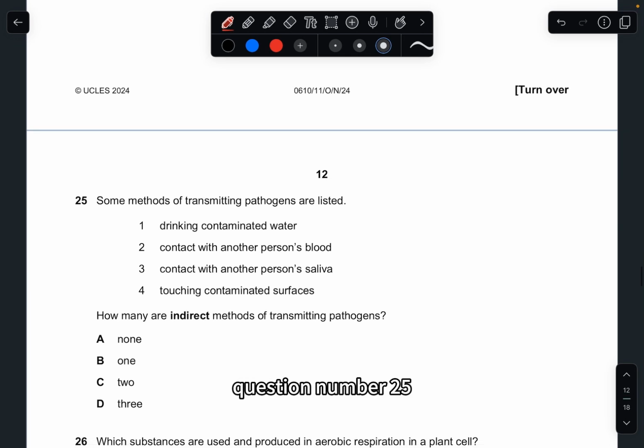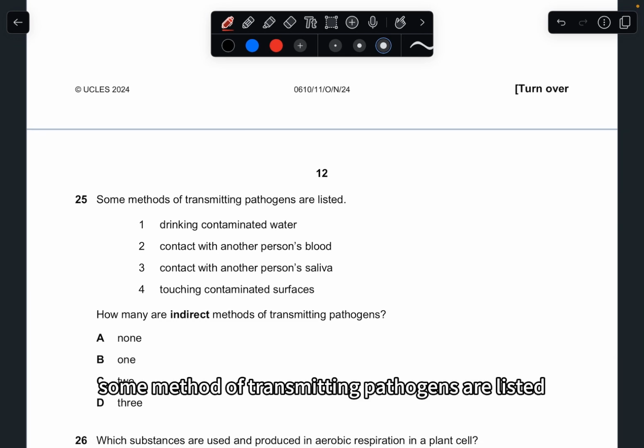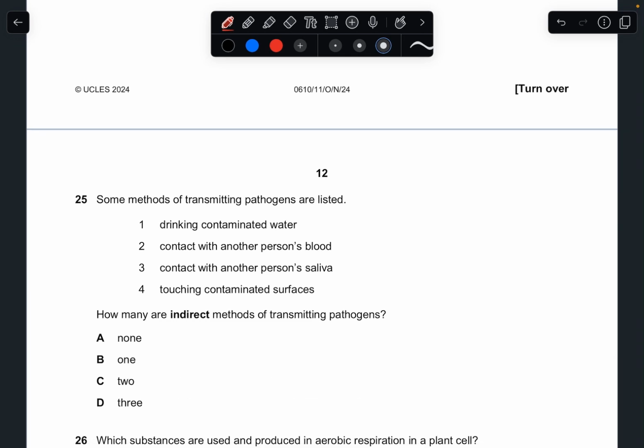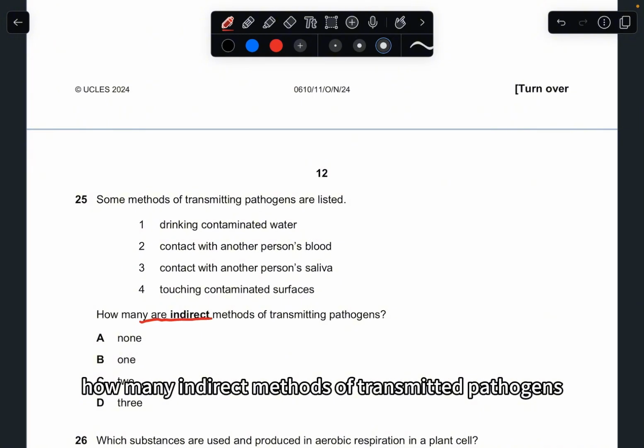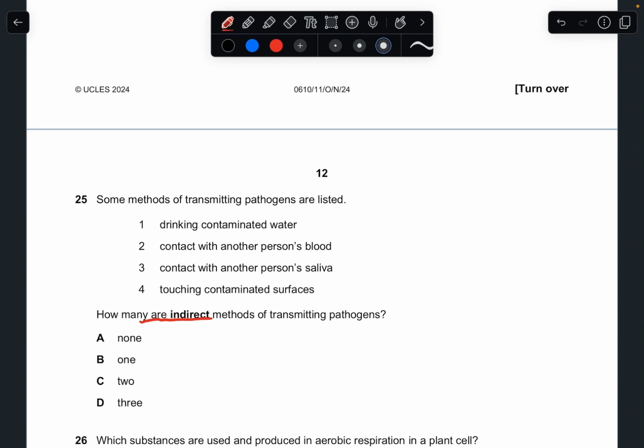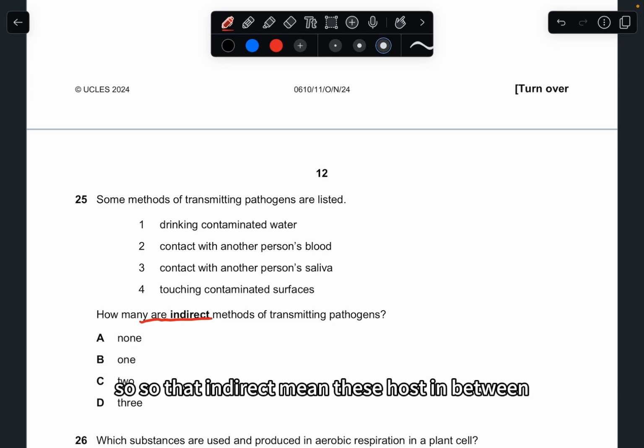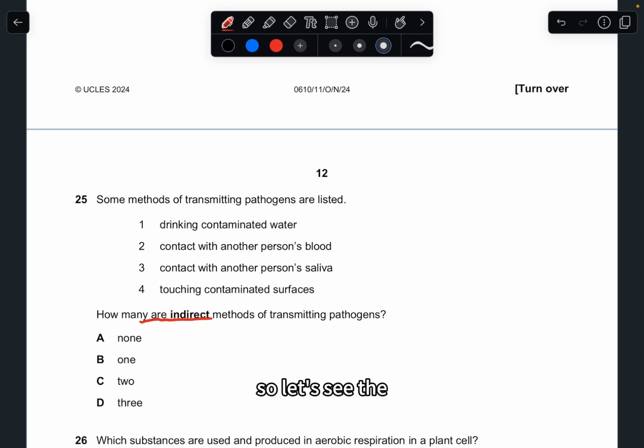Question number 25. Some methods of transmitting pathogens are listed. So they ask how many are indirect methods of transmitting pathogens. Indirect means there is a host in between. So let's see the one, drinking contaminated water. Yes, that's an indirect method.